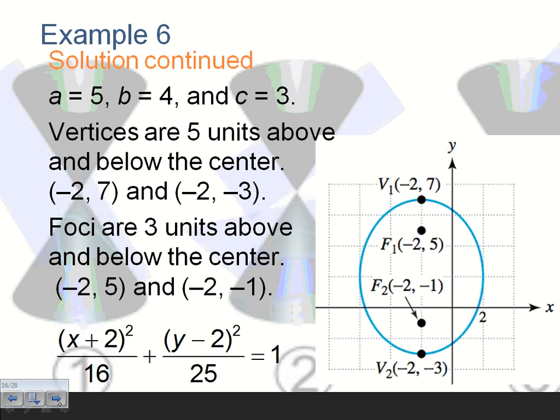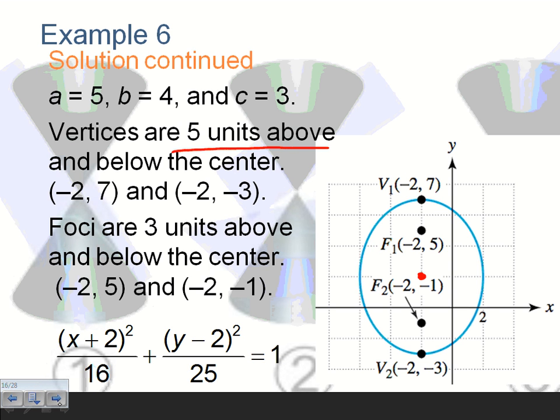We see that we have a center around negative 2, comma 2, so somewhere in here. The vertices, though, now we can't just use 5 and 5 because we're not centered there, but they are 5 units above and below the center.